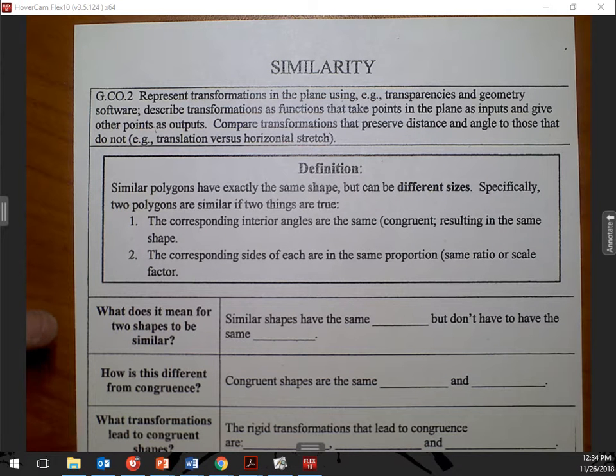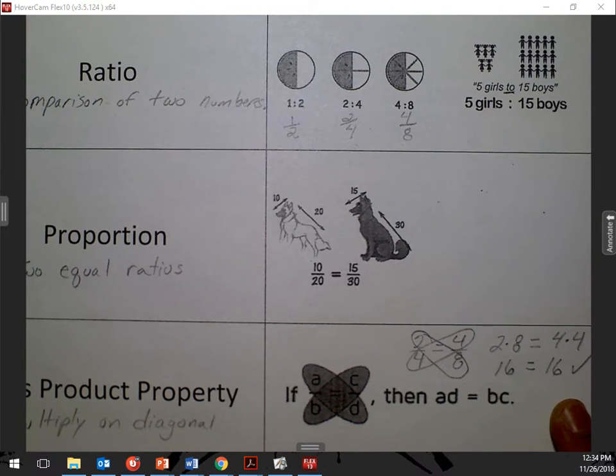Did you write similarity on it? Did you open it up and it has a picture of two dogs? Two cats? Is that the one? No. Oh, okay, then it's not that one. When did you guys do it? It was Tuesday last week. I wasn't here.